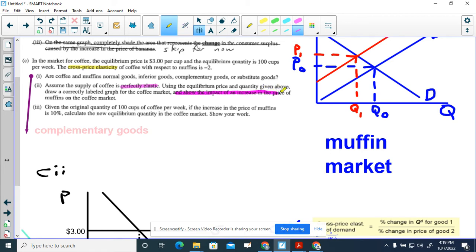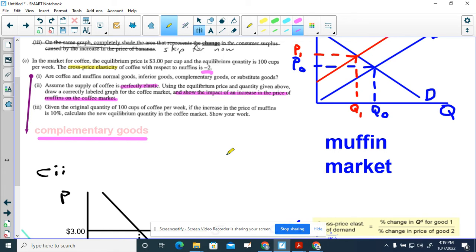All right. So I'm very far along here to getting another point on the AP exam. We want to be careful, though. They also asked me to show the impact of an increase in the price of muffins on the coffee market. This is a challenging portion of this question. There was an increase in the price of muffins, and coffee and muffins have a cross price elasticity of -2, meaning they are complementary goods, which we already figured out.